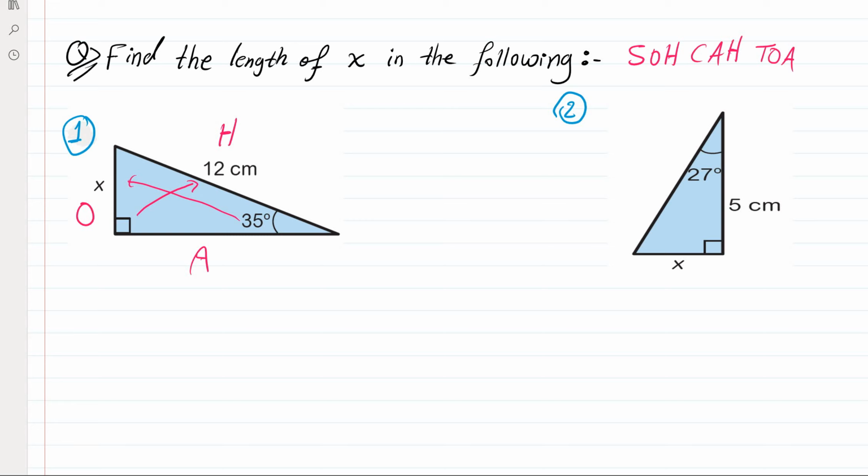All right, right now, check which ones are given, either by variable or by number. Doesn't matter. So, as you can see, the hypotenuse given is 12, and the opposite is x. So opposite and hypotenuse are given. Which trigonometry ratio is the best one?